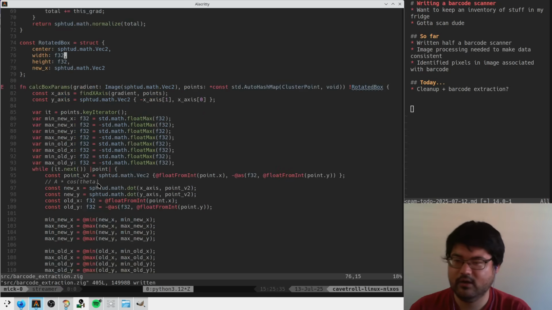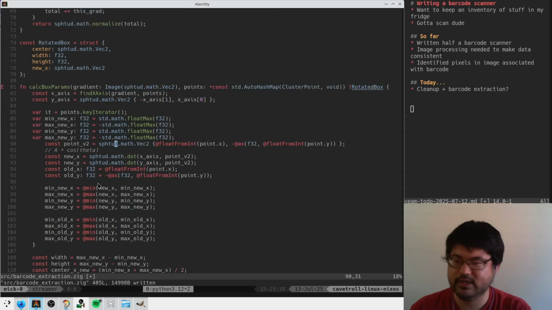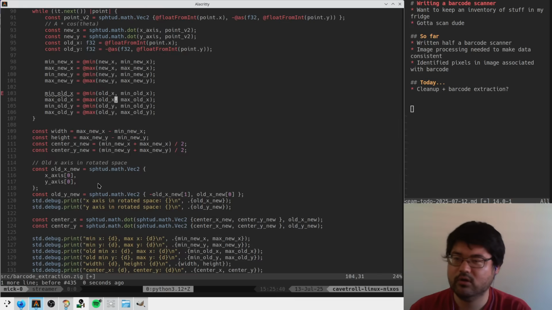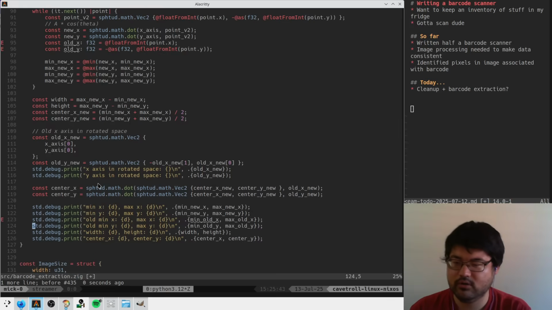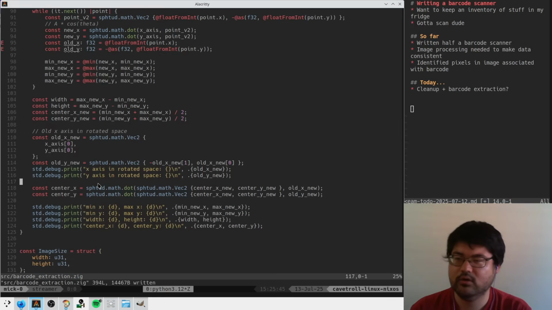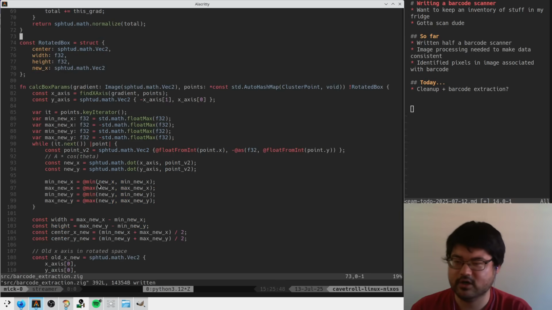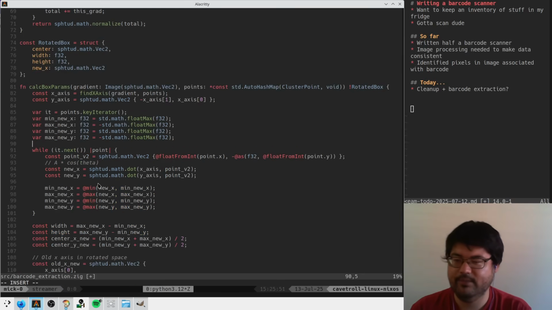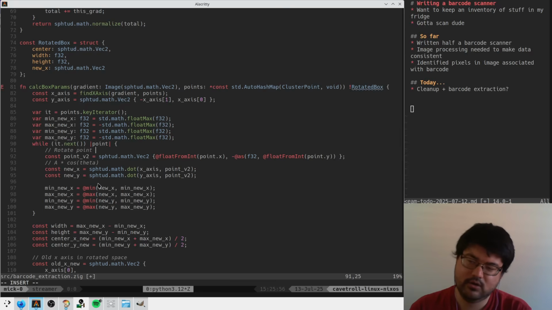So here we say we don't need this min old anymore. This stuff isn't needed. And let's add a couple of comments here because I'm going to get confused. So we'll say rotate point around top left corner of image such that the new x-axis is an x-axis.